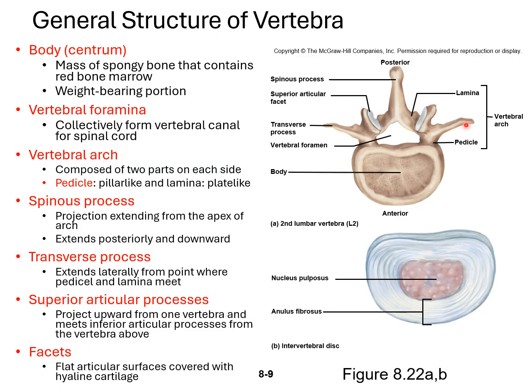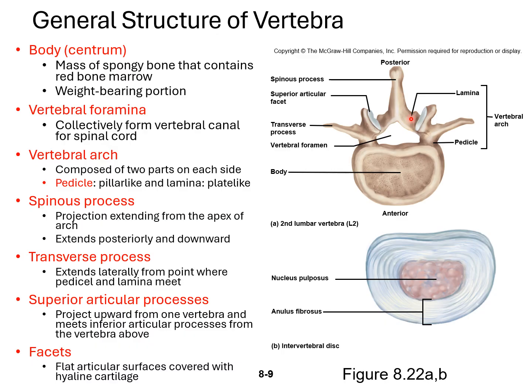The area between the transverse process and the body is your pedicle. So that little strip of bone is called the pedicle. And then between the transverse and the spinous process, that's going to be your lamina. So you have two laminas on both sides.